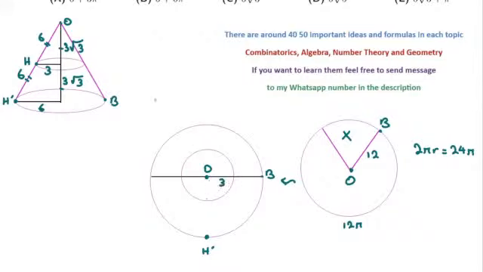And H will be exactly like this. Will be here. Because H prime and O are collinear, this one is 90. And because H prime was 90, we said it will be half of this part. Now we want to find minimum distance from B to H in this figure.